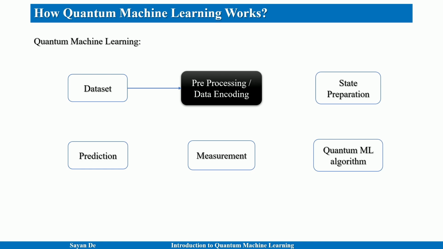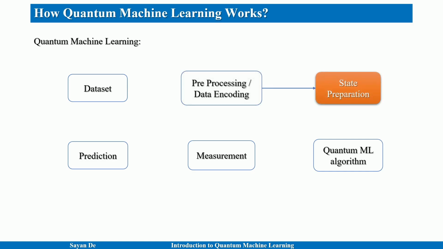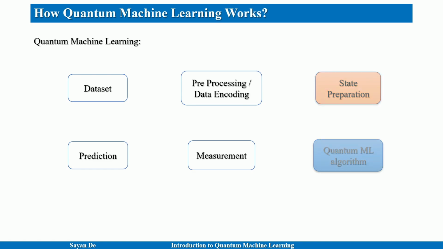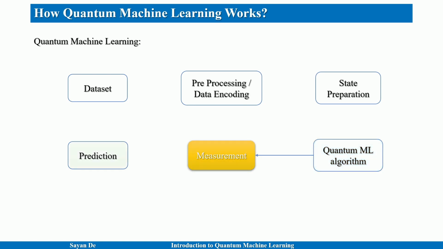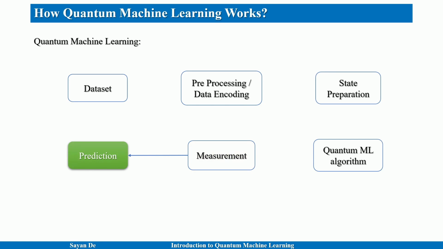So whatever is the pre-processing part for classical, for quantum machine learning it is the data encoding part. This data encoding leads to the state preparation with bra 0, ket 0, something like that. And after that, we have some quantum machine learning algorithm that we train with. And after that, we measure the output and we do some predictions. So this is an overall idea about how quantum machine learning works.